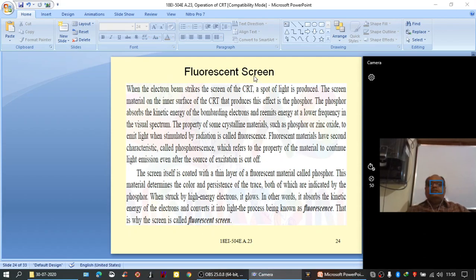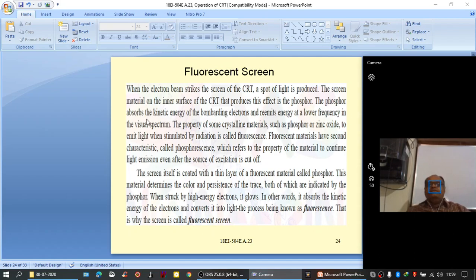More information about the fluorescent screen. When the electron beam strikes the screen of the CRT, a spot of light is produced. The screen material on the inner surface of the CRT that produces this effect is the phosphor.